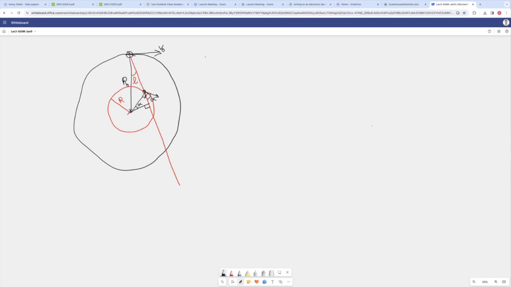How do we calculate the line of sight velocity, also called the radial velocity? This is equal to the velocity of, so this we'll call v, the velocity of the circular orbit at radius r.